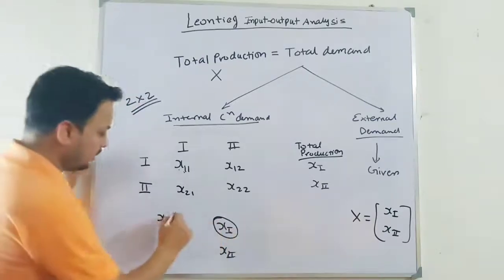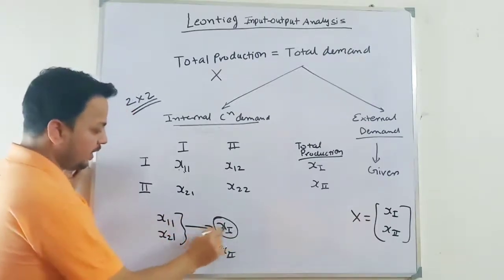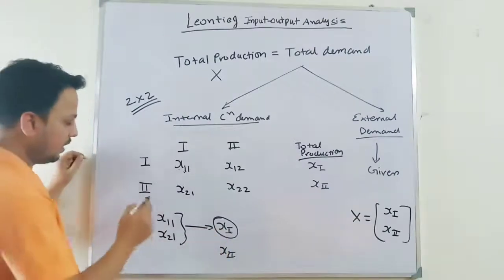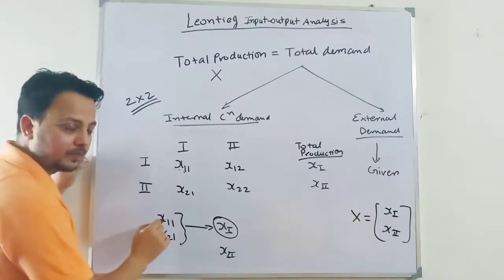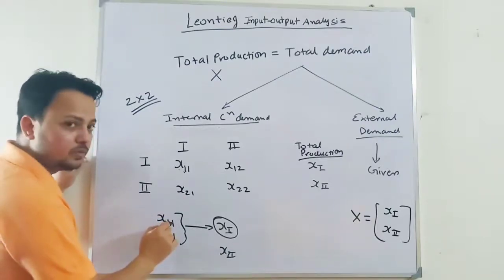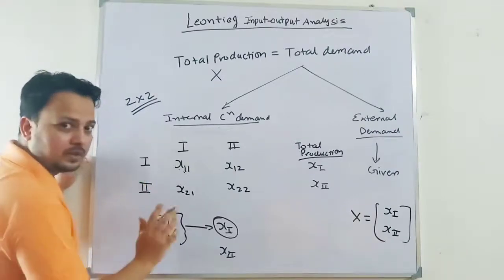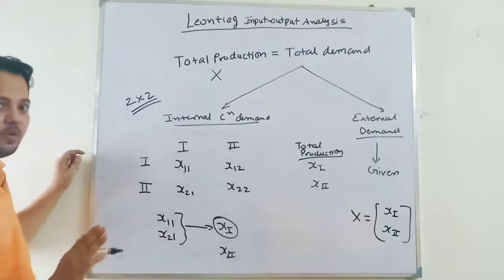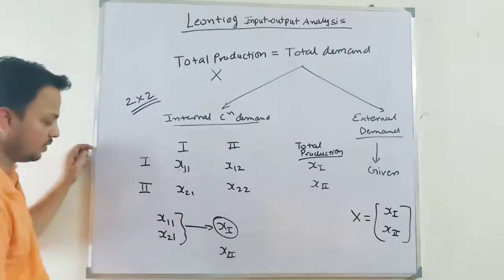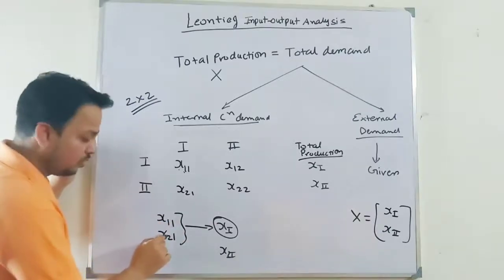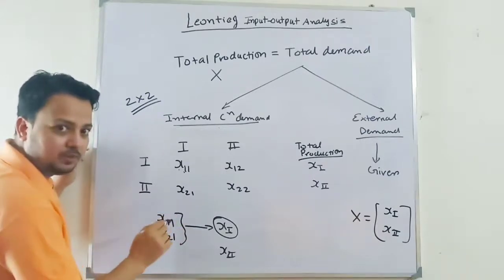So in order to produce X1 amount, industry 1 is using the amount of its own output as an intermediate input, and the amount of output of the second industry used by the first industry as an intermediate input.